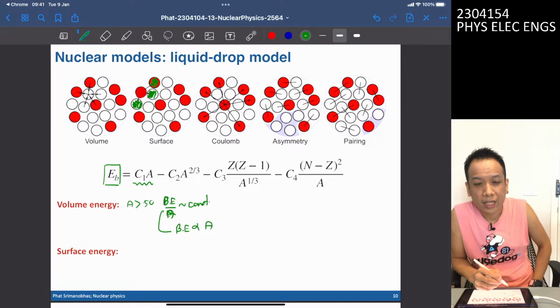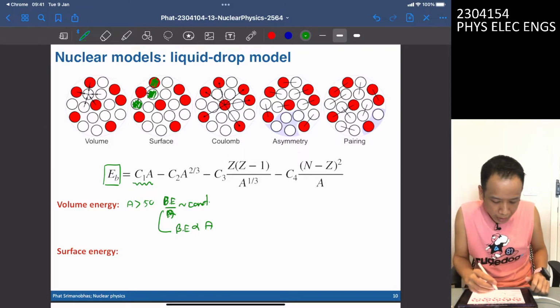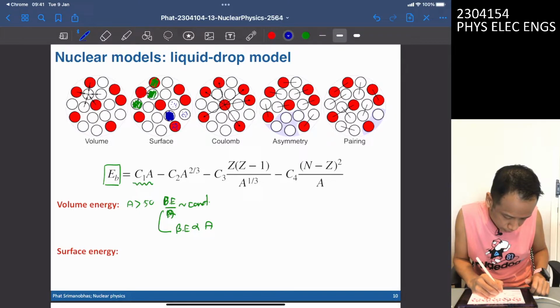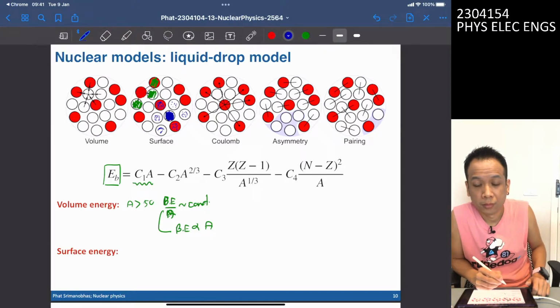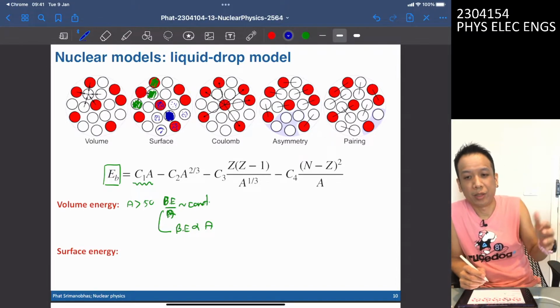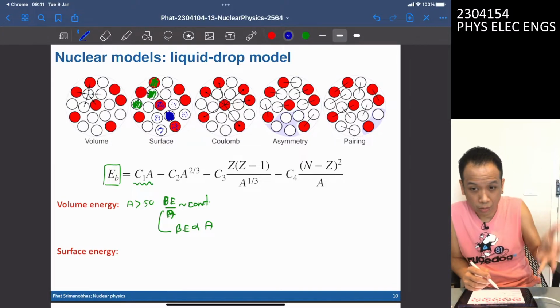So it will not talk to as many as, if you compare, this blue one, which talks to several nucleons around it. But at the border, it's not, because there are no nucleons outside the volume.